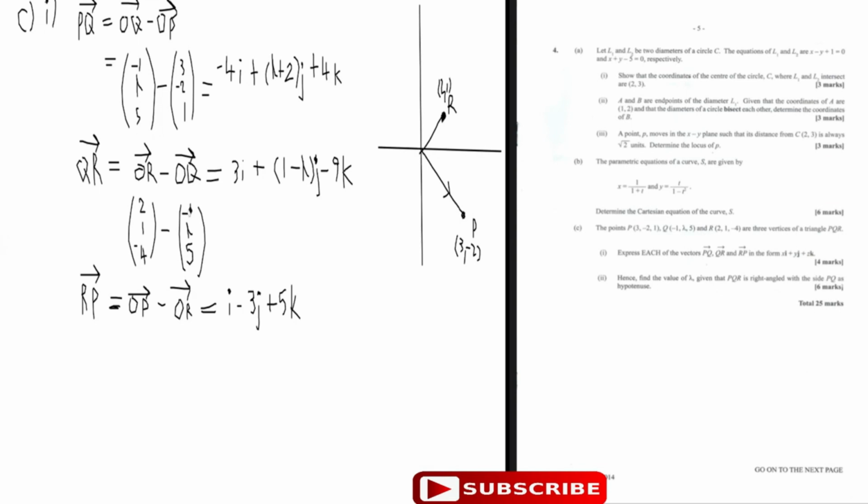Well, actually, Q is (-1, lambda). Q will be somewhere over here.